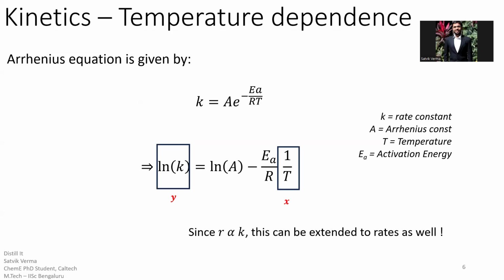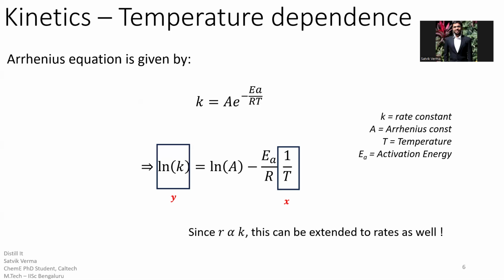So once again, you just need rate constant versus temperature data, and you will be able to calculate these constants using linear regression. And from the previous slides, you already know that rate is equal to k C_A to the power some n. Since rate is proportional to k, this equation can very nicely be extended to rate as well.